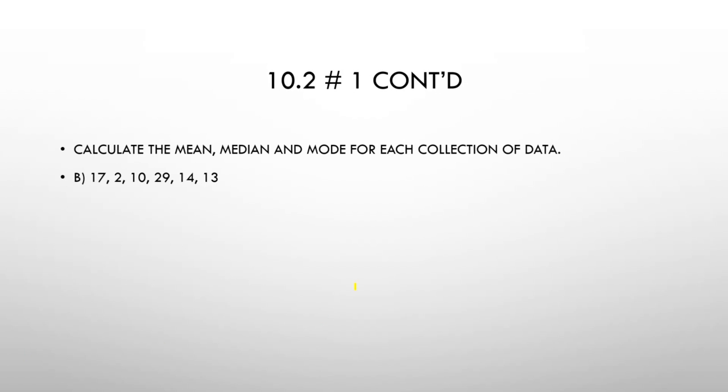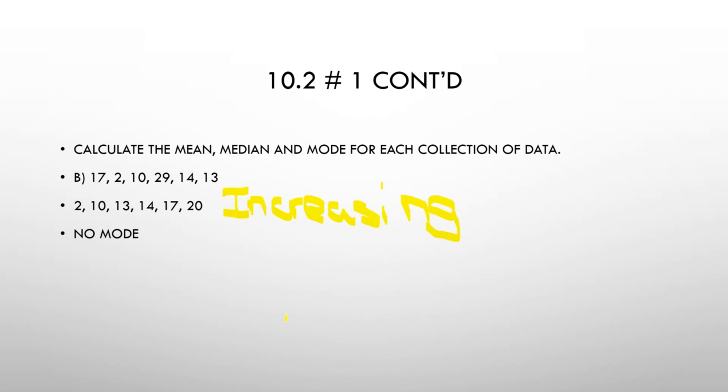For the next one, part B, now my numbers are 17, 2, 10, 29, 14, and 13. First, I wrote them in increasing order. I notice that there's no mode because for each number there's only one value.